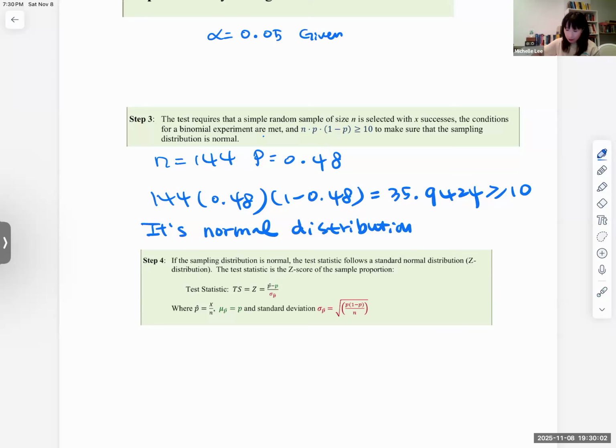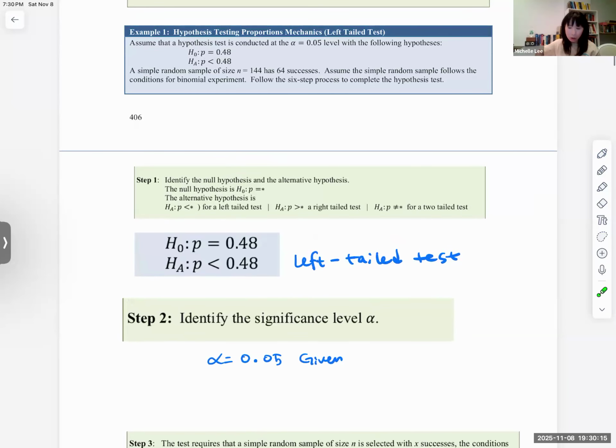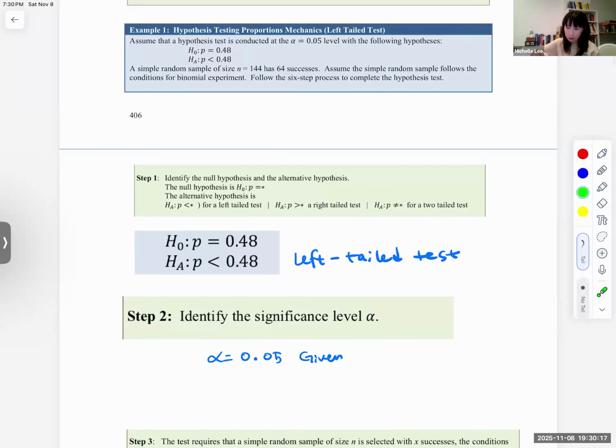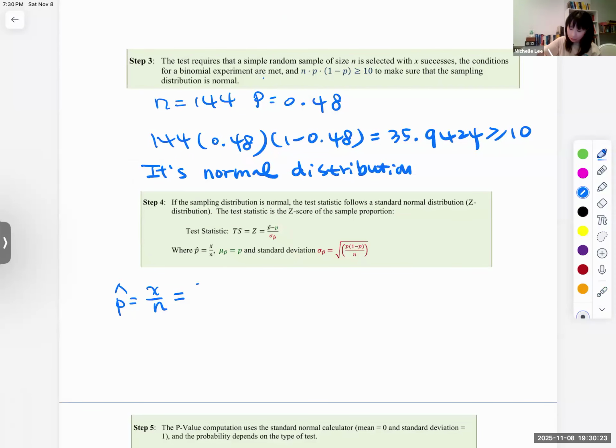Let's use p-hat first, x over n. What's x? How many successes are there? It's 64, and 144 is the n. 64 out of 144, please calculate. It's 0.444444.